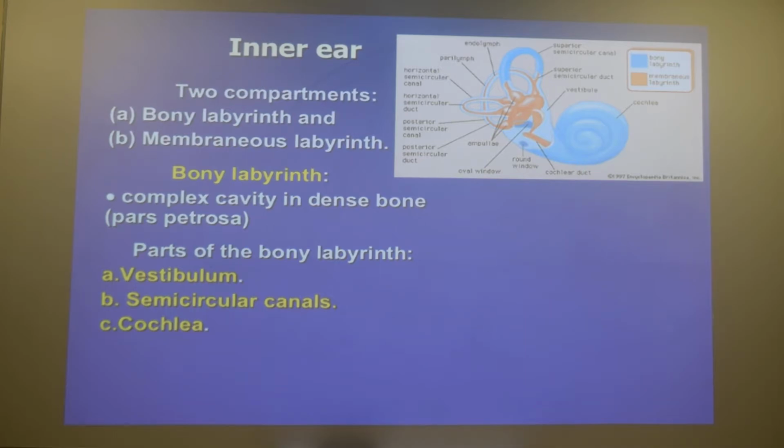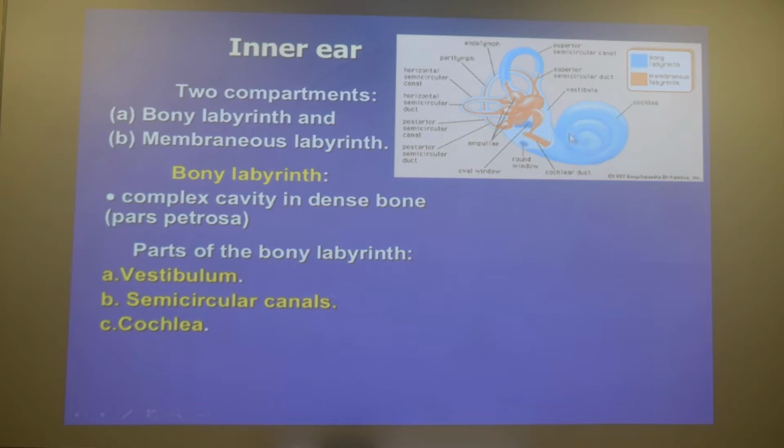So remember, this is the most important concept: you have a bony part of the internal ear called the bony labyrinth, which is a bony cast of the structures of the internal ear, and within that bone you have a tube, and that tube is called the membranous labyrinth.